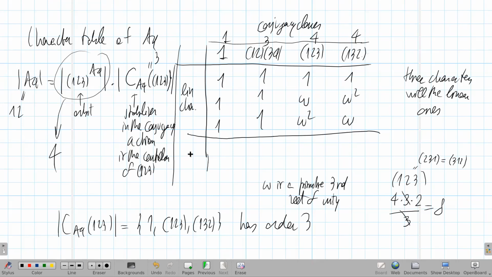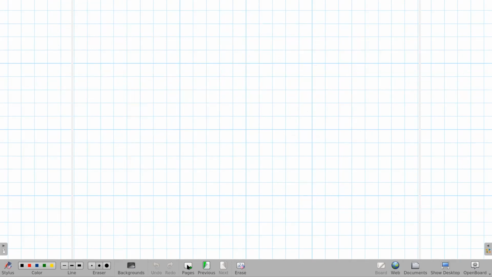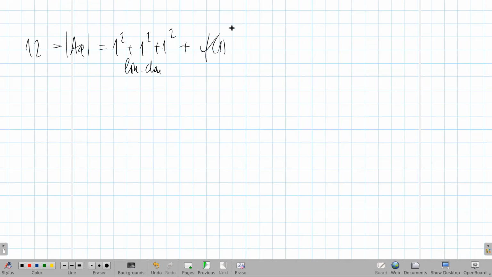There is 1 character to go still. And what's this character? Well, we know already something, because we know the degrees of the characters. Let's call it psi. You know that the sum of the squares of the degrees of the irreducible characters has to be the order of the group. So these characters are linear. The order of A4 is 12, and this is 1 square plus 1 square plus 1 square, so these are the linear characters, plus psi of 1 square, okay?